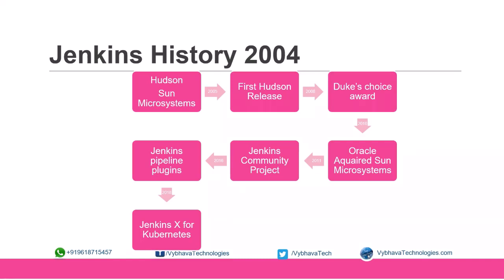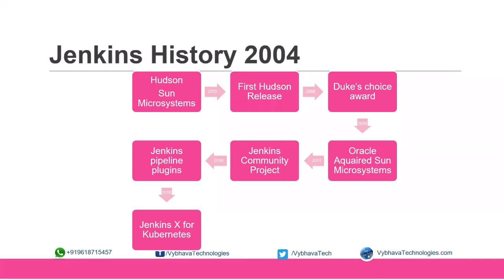So Hudson is the first release. They named it Hudson, and after that there was a lot of hype around it. It was working very well in the integration processes, and there were some awards also. Duke's Choice Award is in the US, New York side. They used to give awards for the best software integration tools.